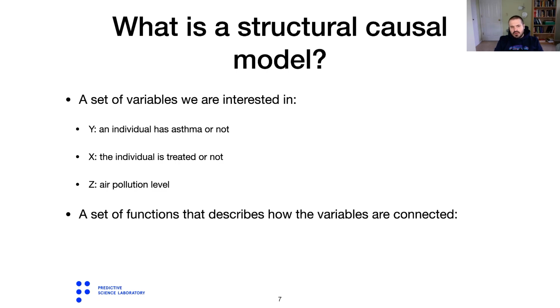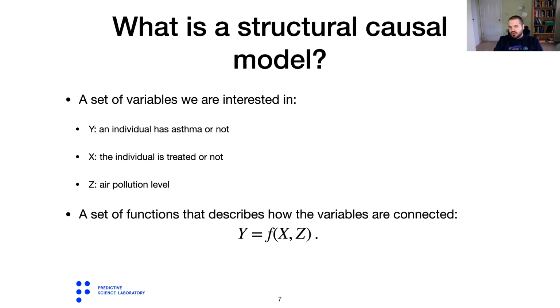The next thing that we need to do is to come up with functions that describe how these variables are connected. And here, for example, we may need the function f that tells us how x and z, how the treatment and the air pollution level conspire to give a value to y, which is whether or not the patient has asthma.